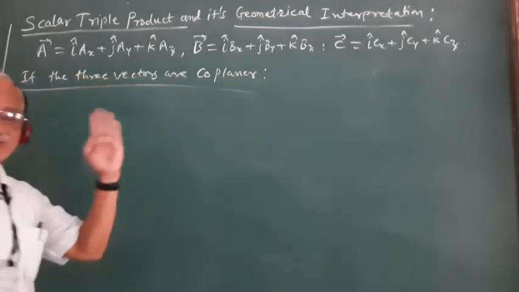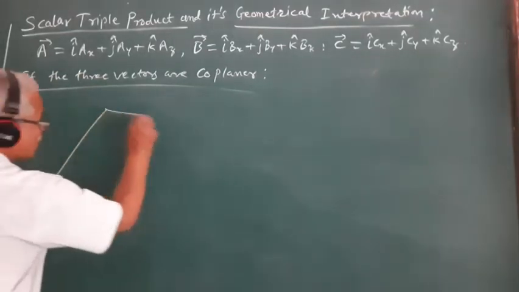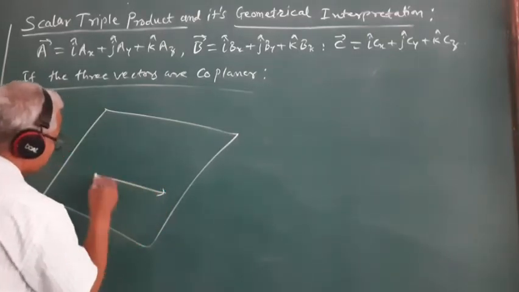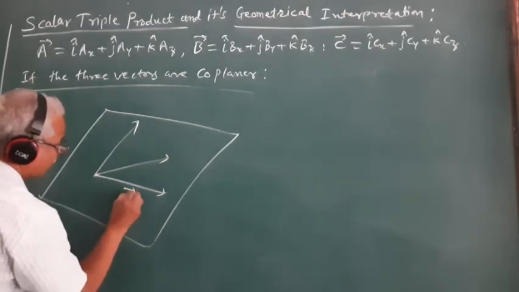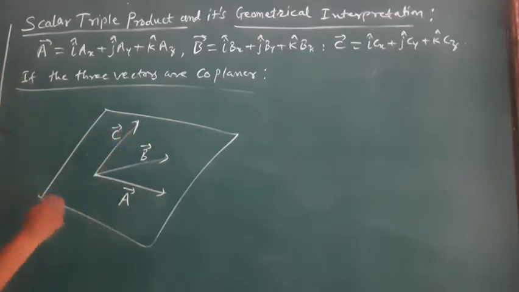All the three vectors a bar, b bar and c bar lie in the same plane. Suppose this is one plane that contains all the three vectors. Suppose this is the vector a bar, this is vector b bar and this is the vector c bar.